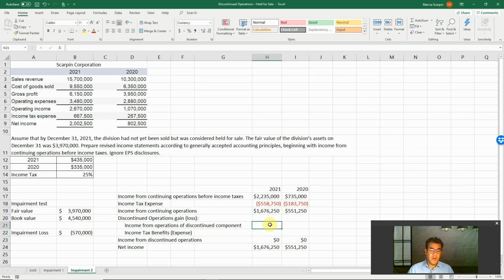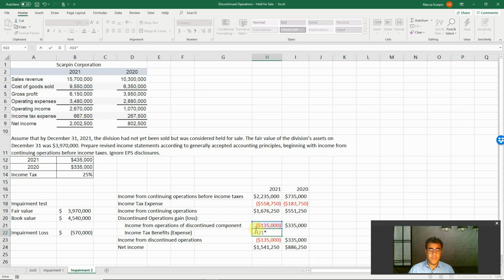Income from operation of discontinued operation 2021 is our contribution with revenue and expenses plus this impairment loss. So now we have a loss here. 2020, it is only this revenue here. Income tax benefits or expenses.